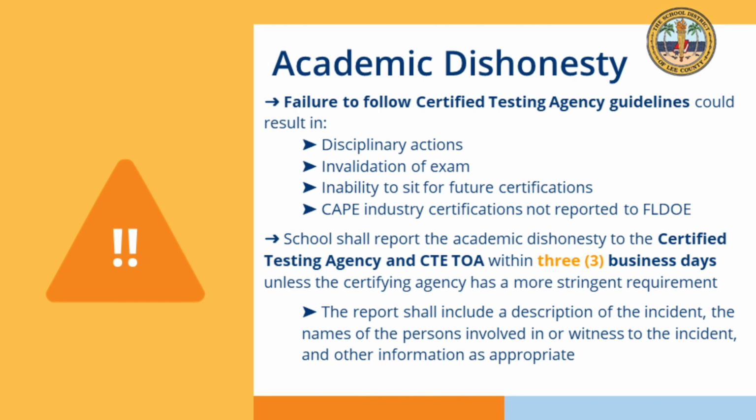A school has to report academic dishonesty to a certified testing agency and your CTE TOA within 3 business days, unless the certifying agency has a stricter requirement. And again, this report should include a description of what happened, any witnesses, any other people in the room, and any kind of other important information related to the incident.